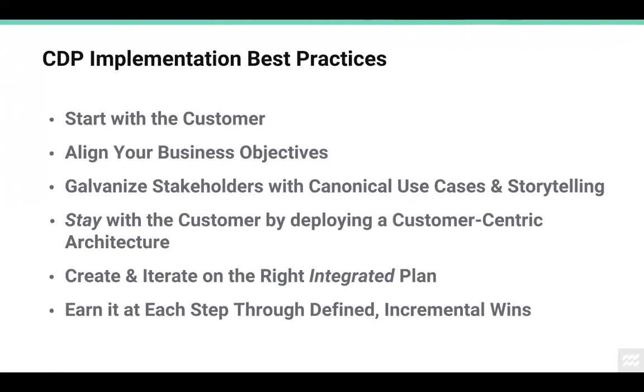And then creating a map to galvanize all these diverse stakeholders across your organization so they can really understand what a CDP will deliver in terms of their customer experience, in terms of their business needs, and your particular customer experience, because not all CDP implementations are the same.